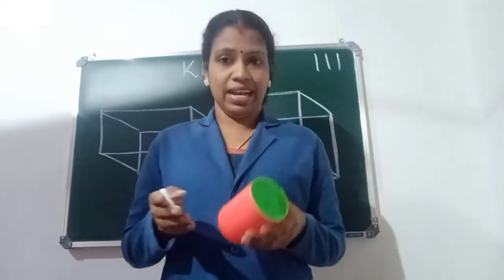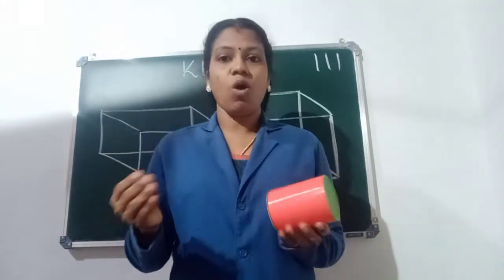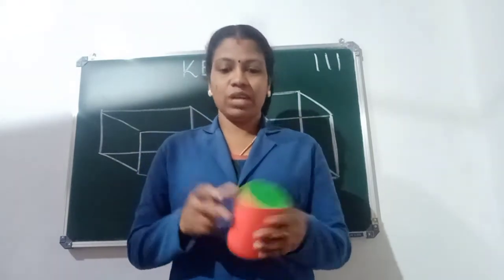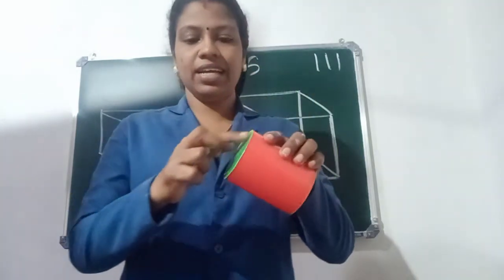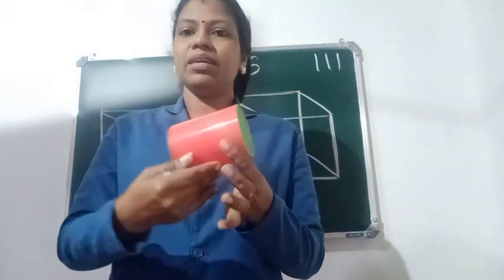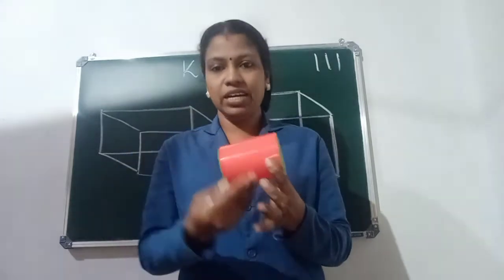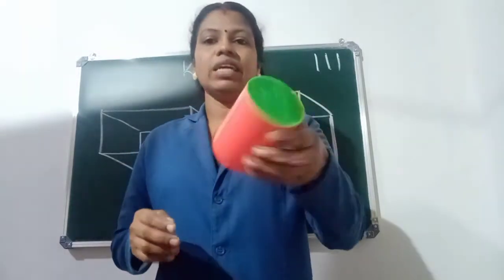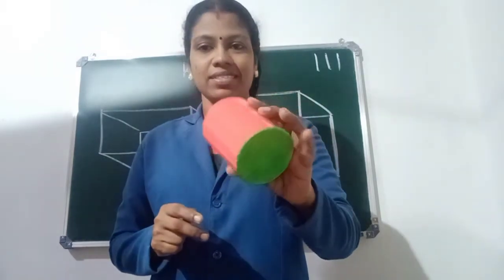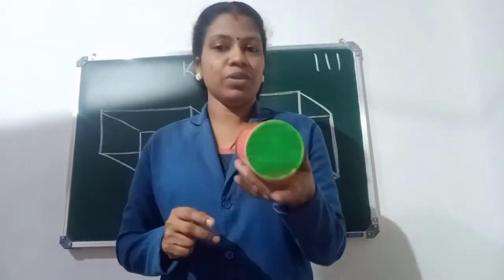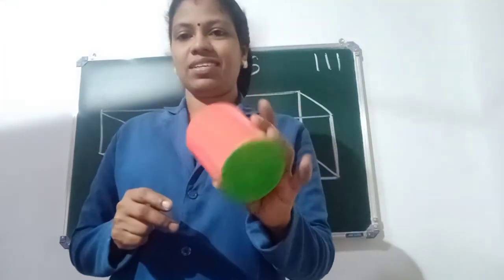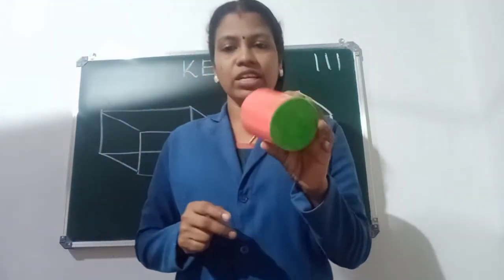No, we learned that curved objects have no edges. This is a curved figure. Here a circle, here also a circle, and in between a curved face. So it has no edges. How many faces does a cylinder have? Count the faces.